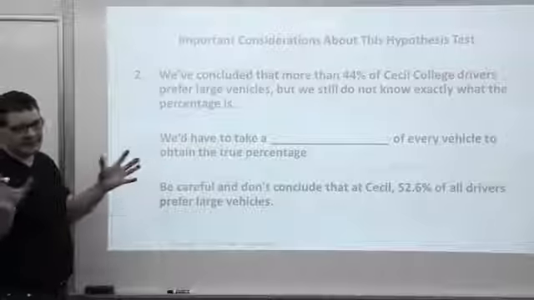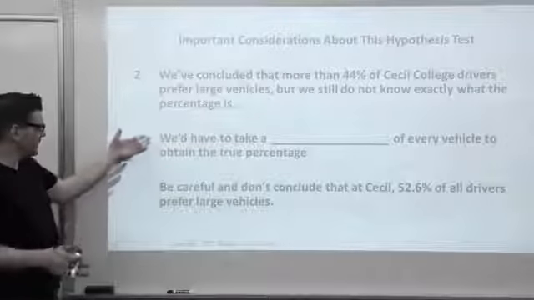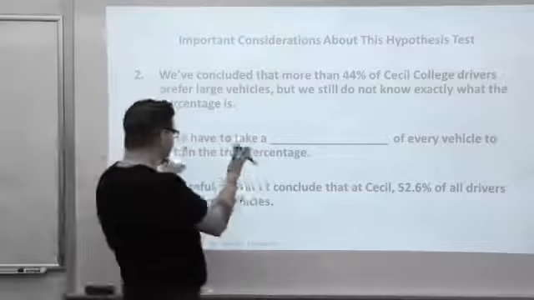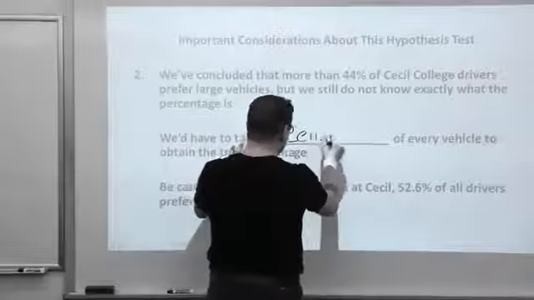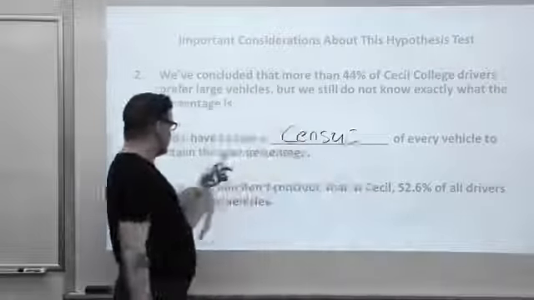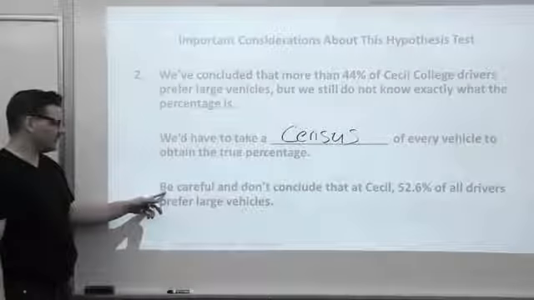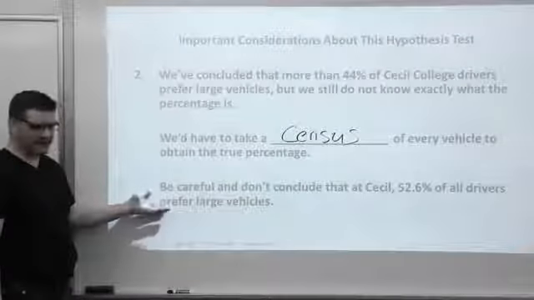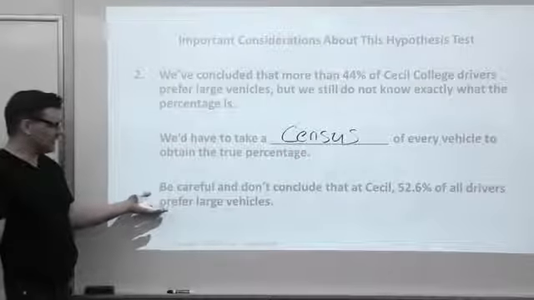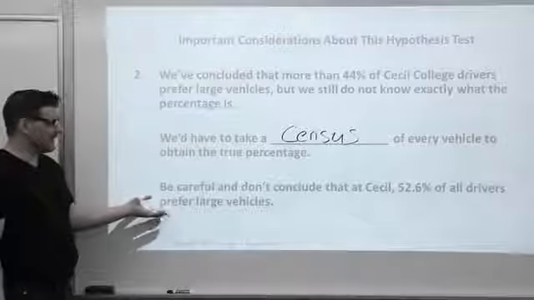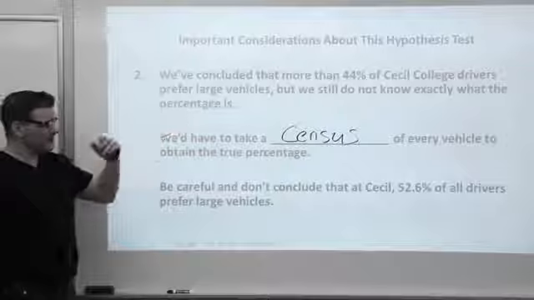Clearly, that's take another sample, right? You'd have to take a census of every vehicle to obtain that true proportion. Be careful. Don't conclude at Cecil exactly 52.6% drive large vehicles. All we can really say is that it's more than 44%.